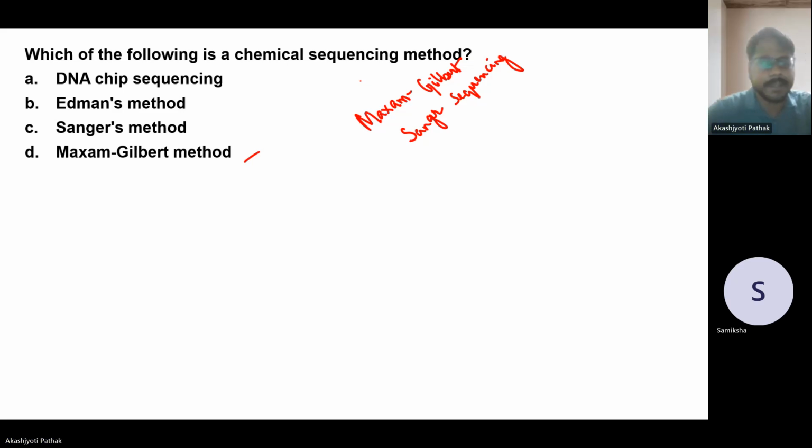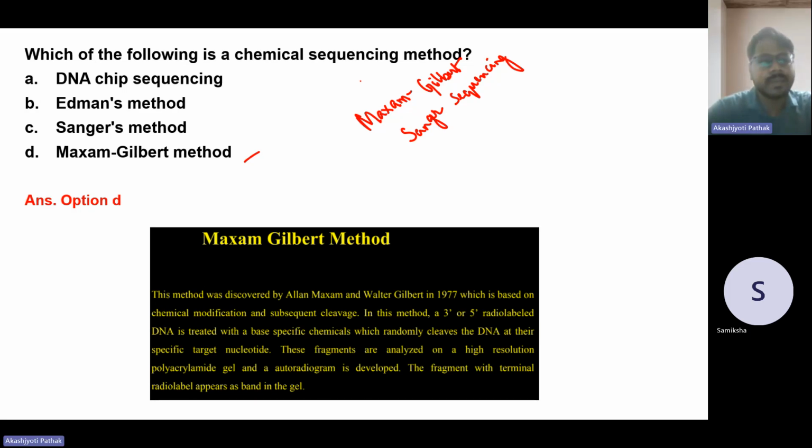Okay. So Maxam-Gilbert is a chemical sequencing method. In the Sanger method, dideoxy nucleotide triphosphates are used. Dideoxy means that both the 2' and 3' OH are absent.